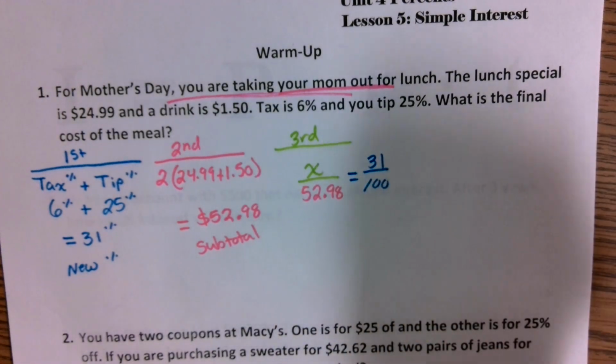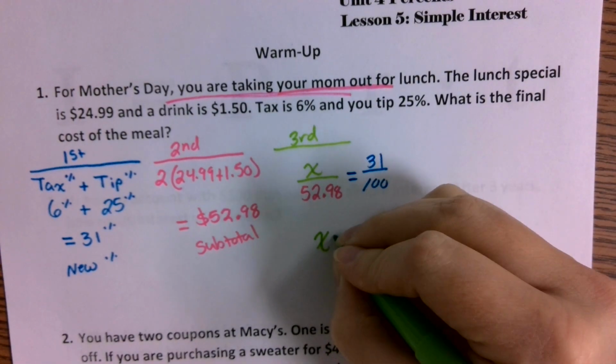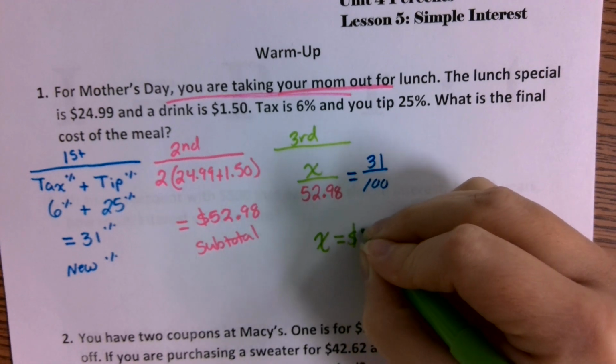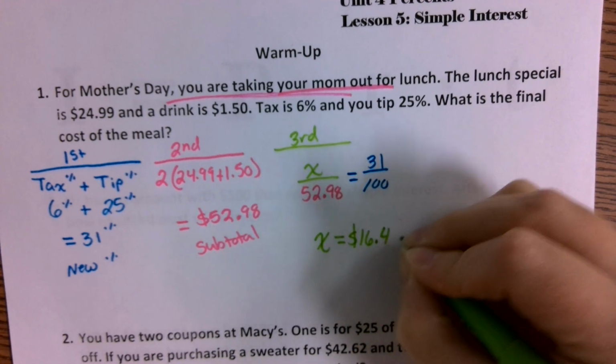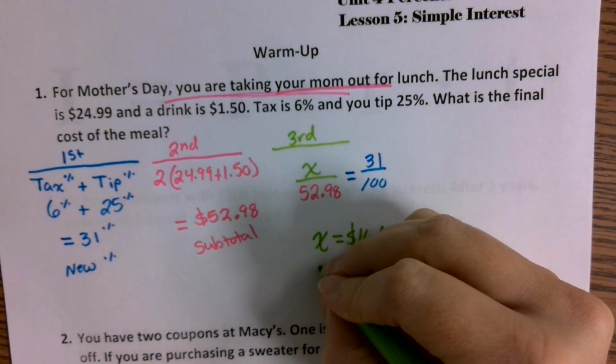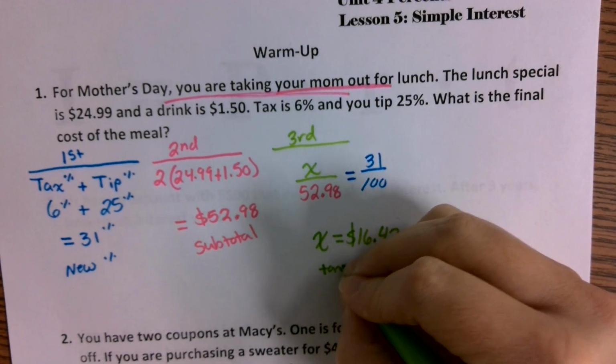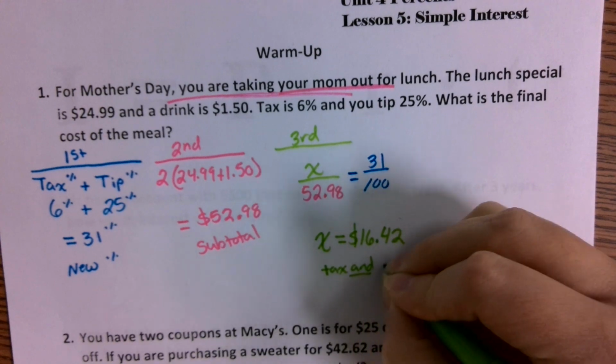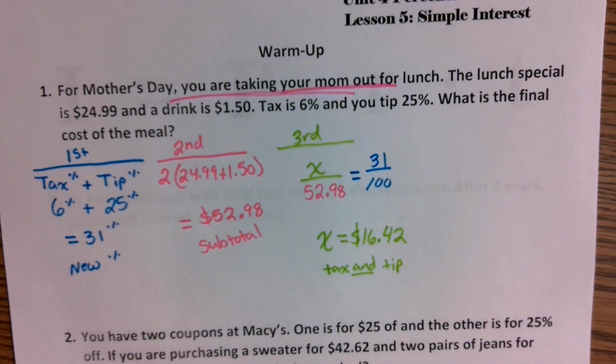When we do our cross product, we're going to wind up finding out that X is going to come out as $16.42, because you need to make sure you round it properly. $16.42. This represents the tax and the tip. That's the tax and the tip.